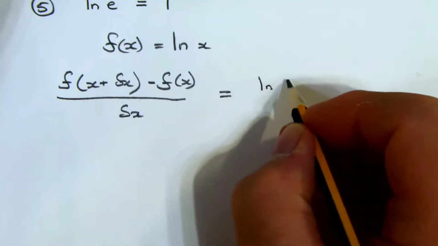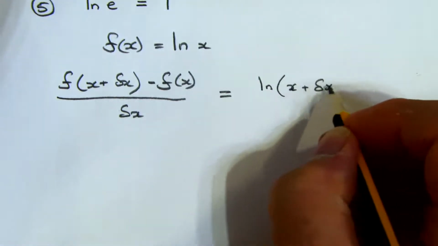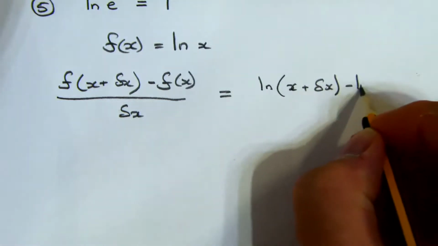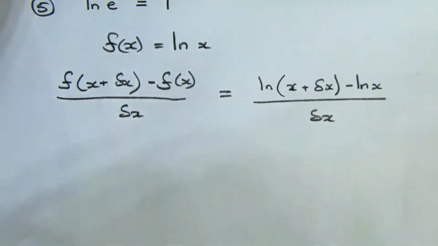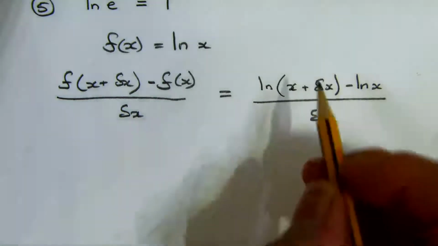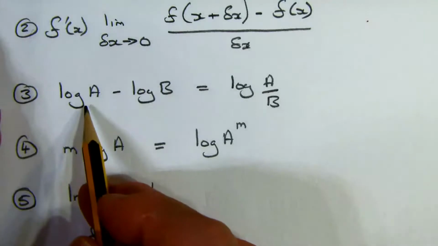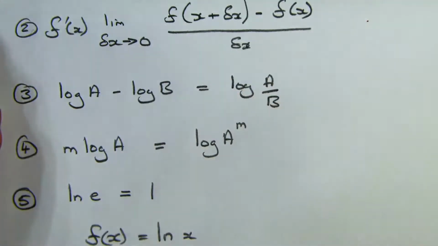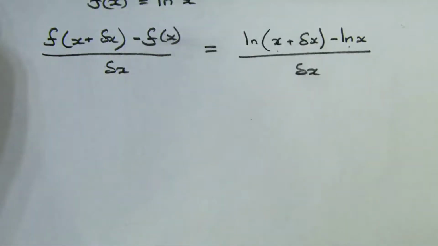So we've got ln of (x plus delta x) minus ln x all over delta x. This is here the same as taking away 2 logs. So we can see if we can write this as one log function.